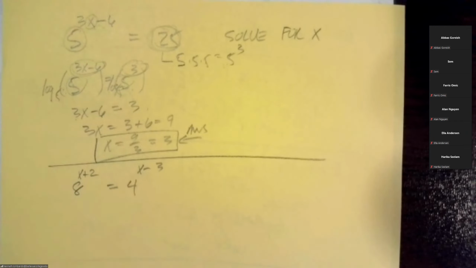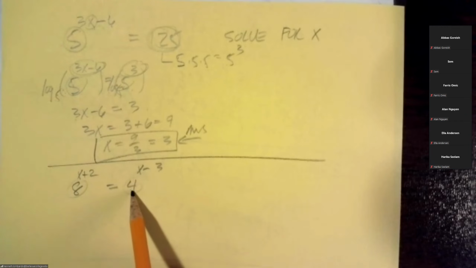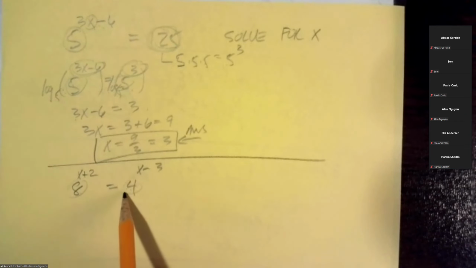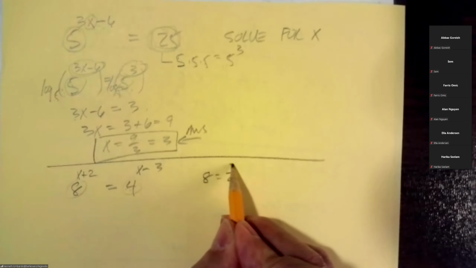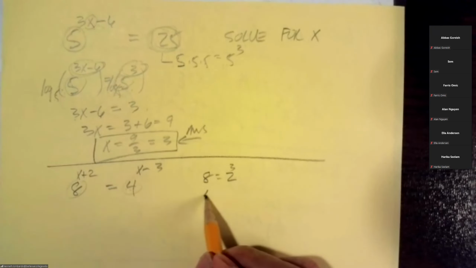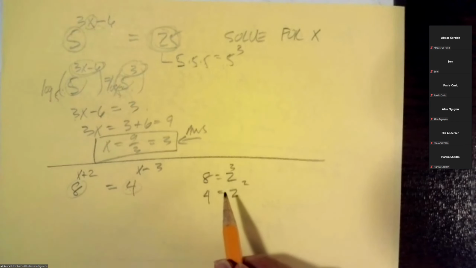And I say, well, those bases aren't the same. And the idea is, can I set the bases the same? And I can say, well, 8 could look like 2 to the 3rd power, and 4 could look like 2 to the 2nd power, couldn't it?